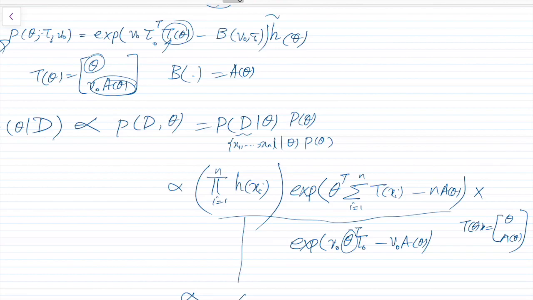So this is going to be the same term, and it's going to be absorbed together, and I can write it as theta transpose, sum over i from 1 to n of t(xi), plus tau 0.